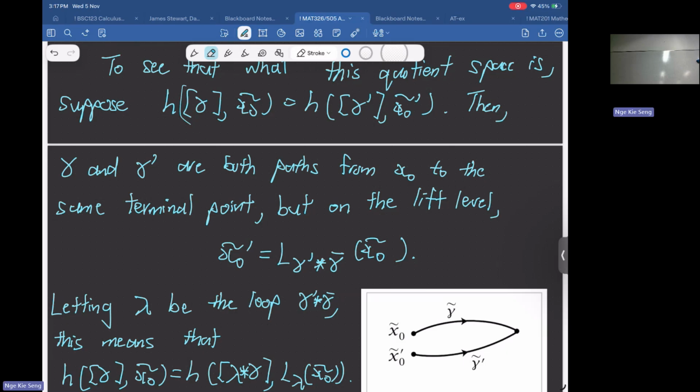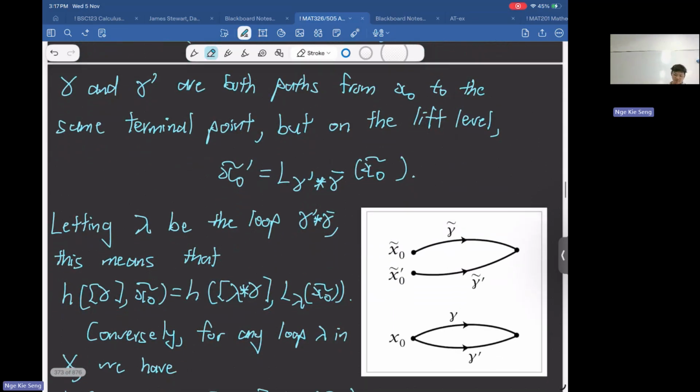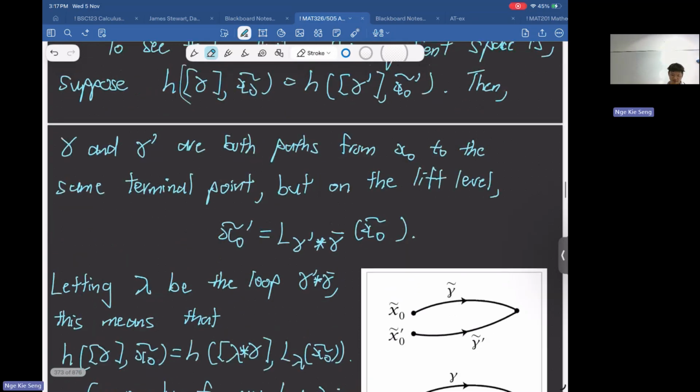This is on the base point side. But then if you set this as your loop, the definition is just what we have written down: a loop times your original path, and then the loop acting on S not theta.